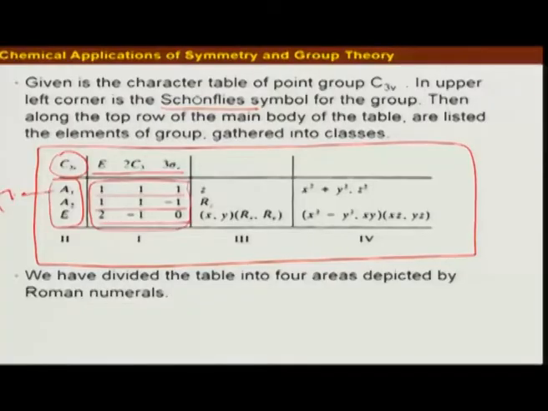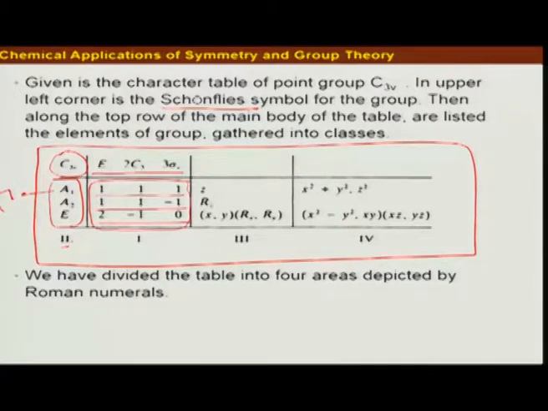Here we can see there are some specific terms like A1, A2, E, and if you go to character tables for many other point groups, you will see various different terms, like A prime, B prime, A1, A2, Ag, Eg, Bg, Au. So what are these terms that are written in area 2?